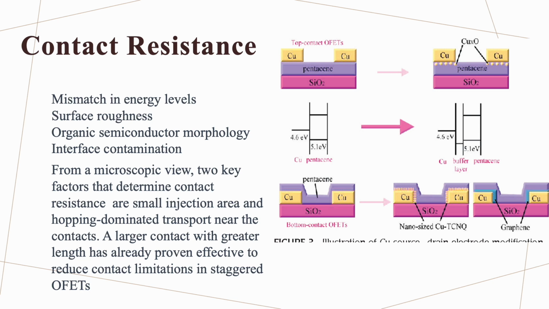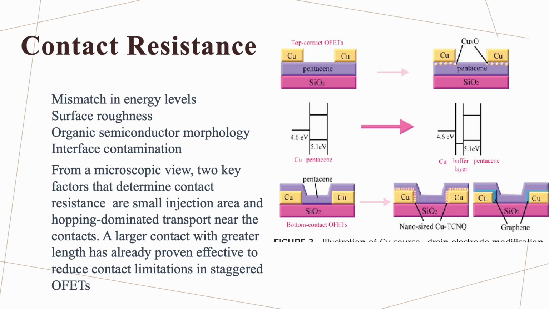The quality of the contact interface between the organic semiconductor and the contact electrodes can be affected by the roughness of the surface. Irregularities and imperfections at the interface can hinder the charge transport, leading to higher contact resistance. The microstructure and the molecular packing of the organic semiconductor layer can influence contact resistance.